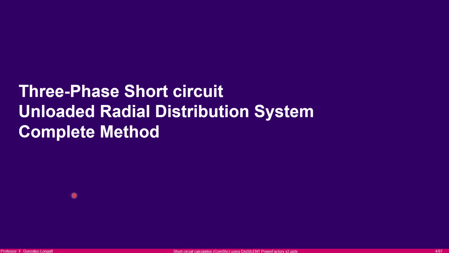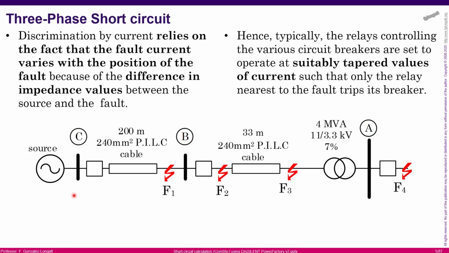To present the results, I will use the Thevenin method, and I will compare with the results of the DIgSILENT PowerFactory using the complete method. Let's start here. If you are following my classes about power system protection, you will realize that I use this example for explaining the difference between using discrimination by time or using discrimination by current.